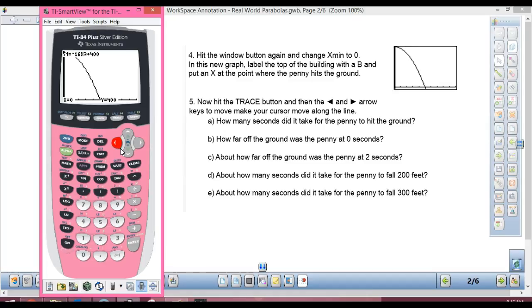Okay, part C says, how far off the ground was the penny at 2 seconds? So what needs to be 2? X. So we're going to use our arrow till X becomes 2. Okay, now here's the deal. Mine jumps from 1.91 to 2.02.